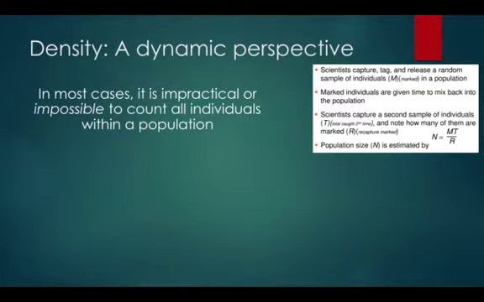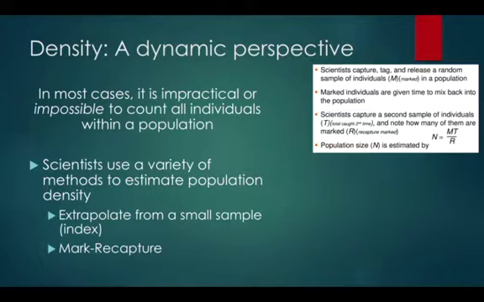So ecologists have come up with multiple ways to mathematically estimate population sizes and densities. Scientists use a variety of methods to estimate population density, using a small sample or an index, and then extrapolating that information to a larger scale.